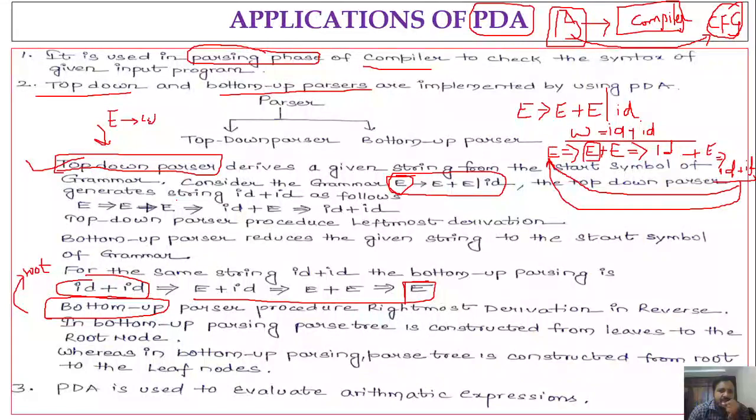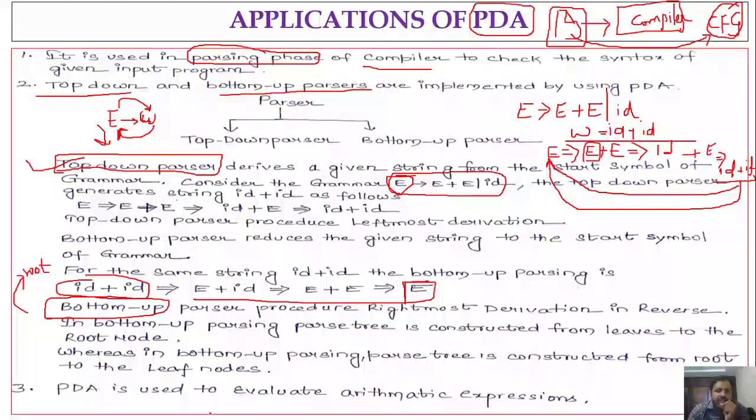In bottom up parsing, the tree is constructed from leaf to the root.